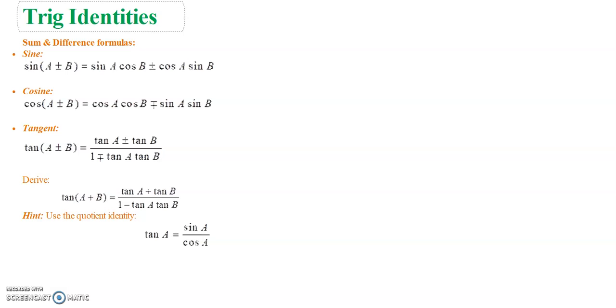In this tutorial, we'll be looking at the sum and difference formulas of sine and cosine, and then the tangent identities. On this side here, we have our sine addition formula, which is sine A plus or minus B. We'll then expand to sine A cos B plus or minus cosine A sine B. Now when we get to cosine, we realize that we have some signs that switch.